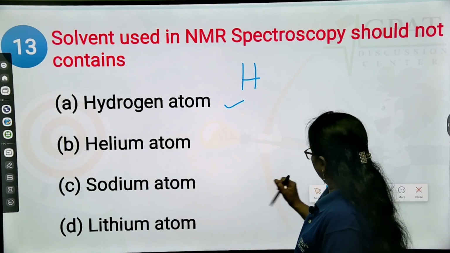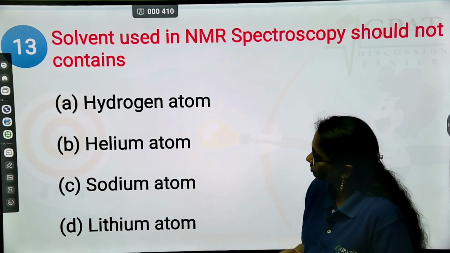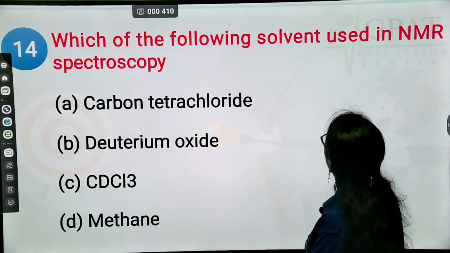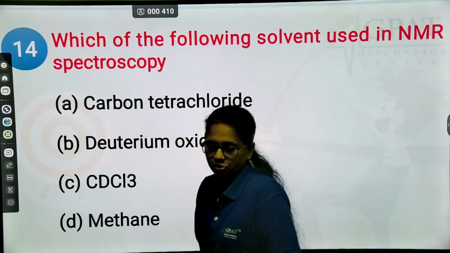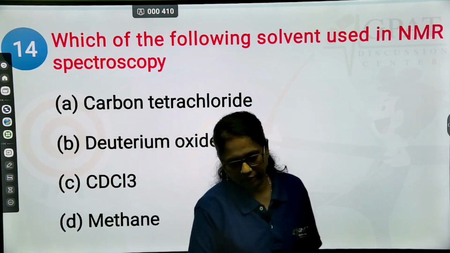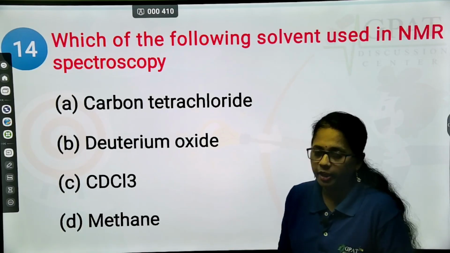Helium, sodium, lithium, all these are not relevant. And next, the question is related to which of the following solvents is used in NMR spectroscopy. Which type of solvent are they going to use? Carbon tetrachloride, deuterium oxide, CDCl3 and methane.